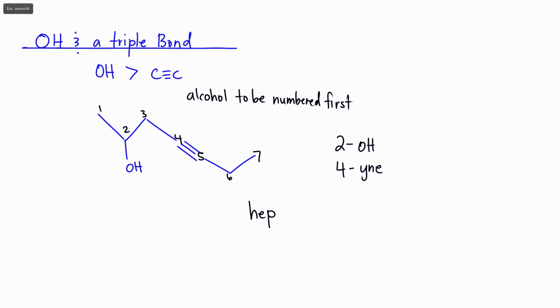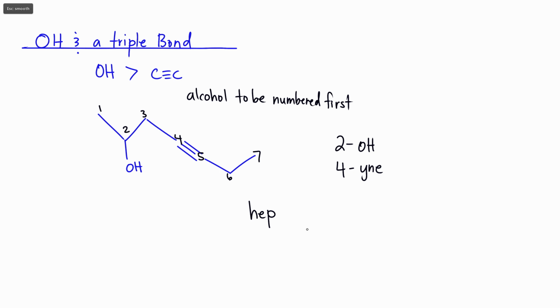And in this case, since we have a triple bond and an alcohol, the OL is going to come last.